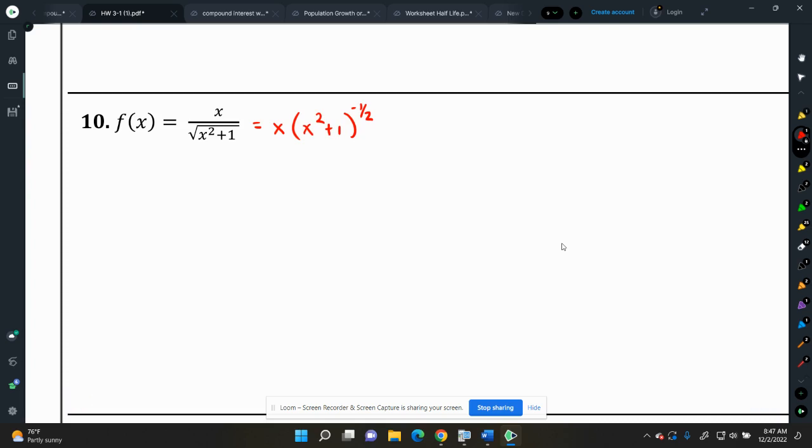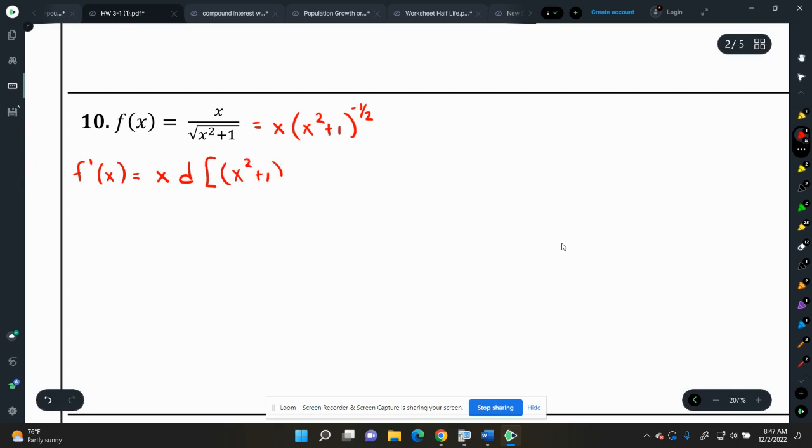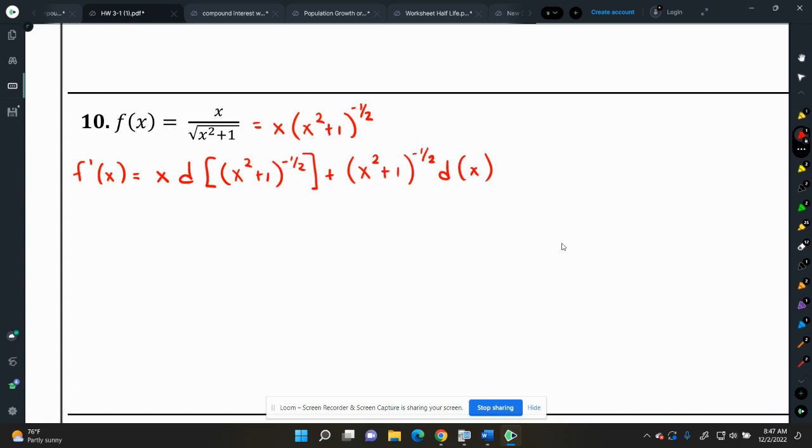So we have f prime of x equals the first times the derivative of the second, plus the second times the derivative of the first, right? These are more complicated now, so I'm writing things out so I don't lose stuff.